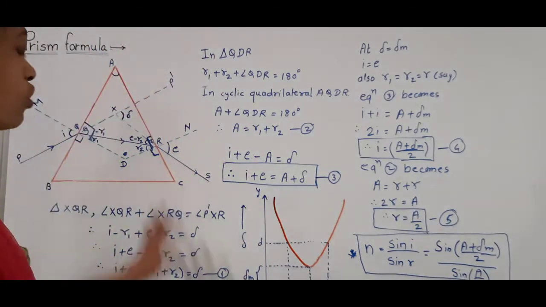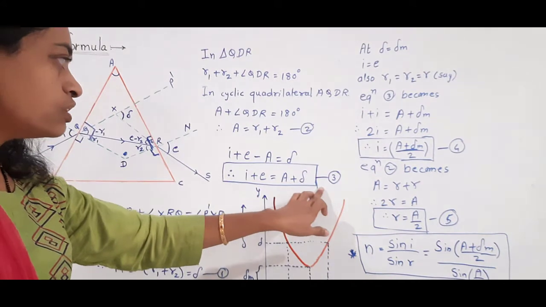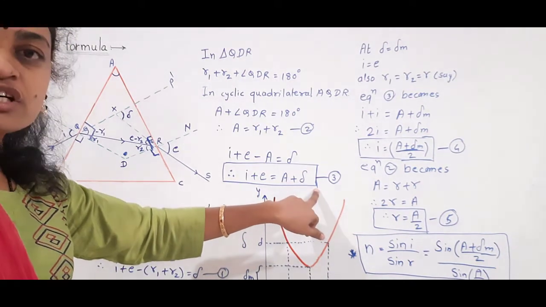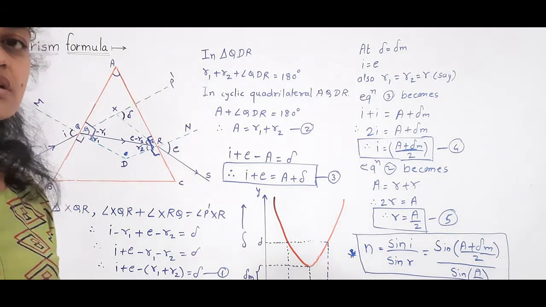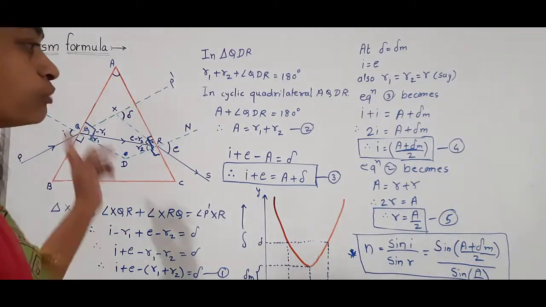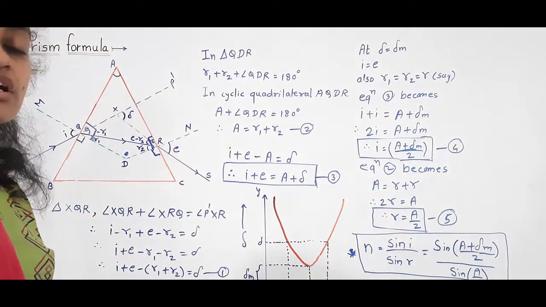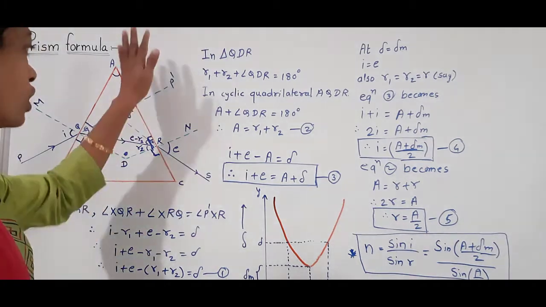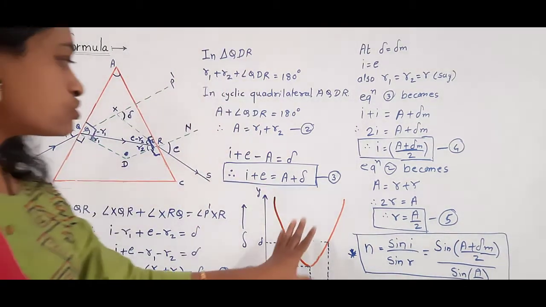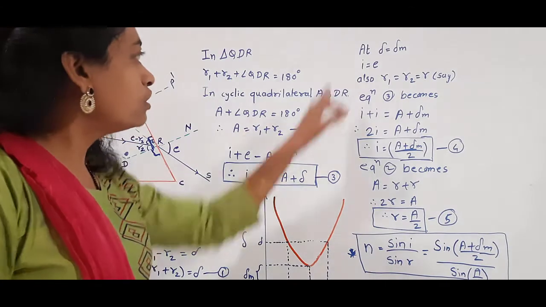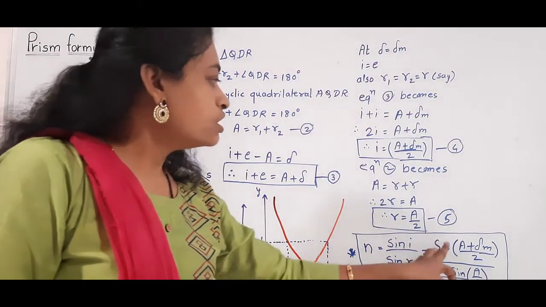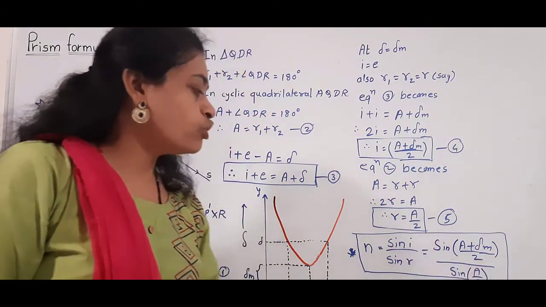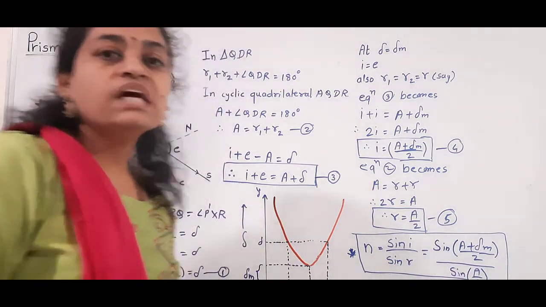And you have to write all this stepwise, up to equation 3. And second question is asked such as derive the Prism formula. For deriving the Prism formula, you have to write all these and also the variation of the graph, and also you have to write up to this point n is equal to sine A plus delta m upon 2 upon sine A by 2.